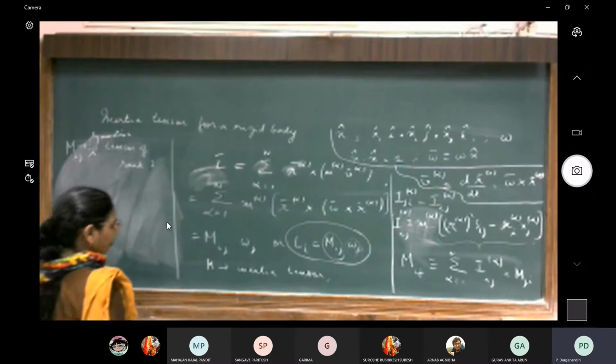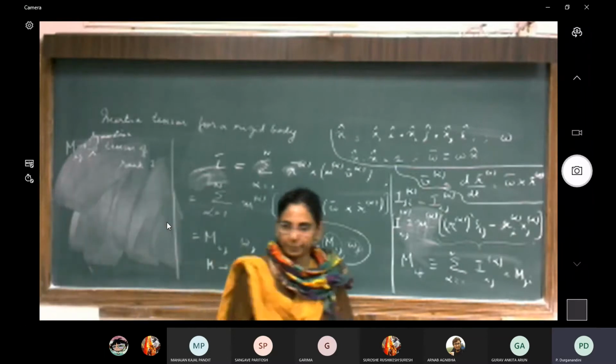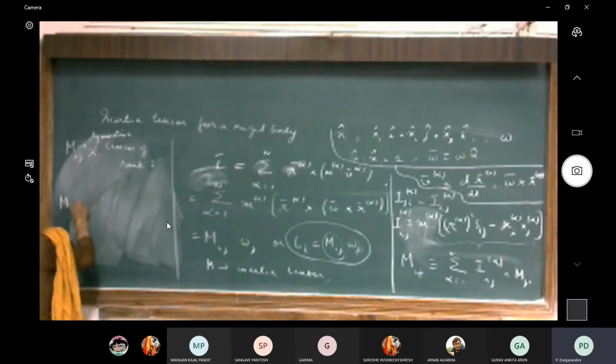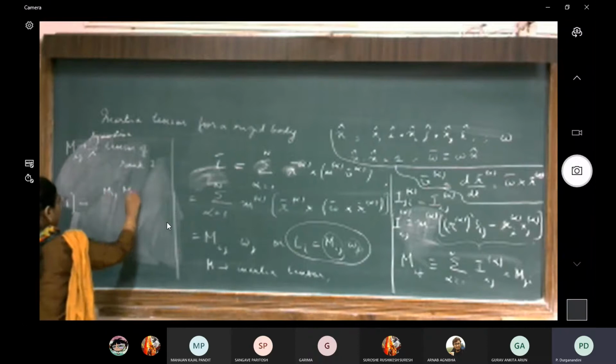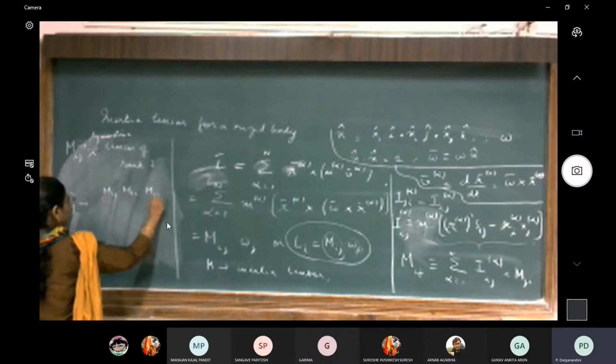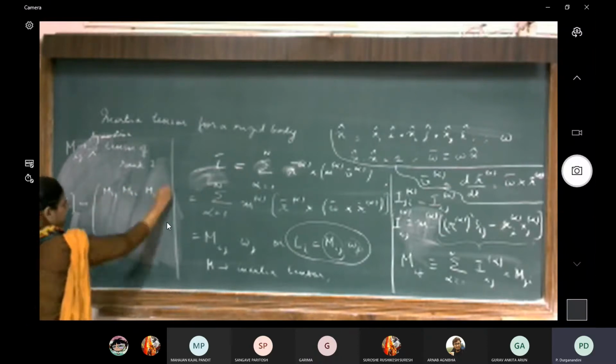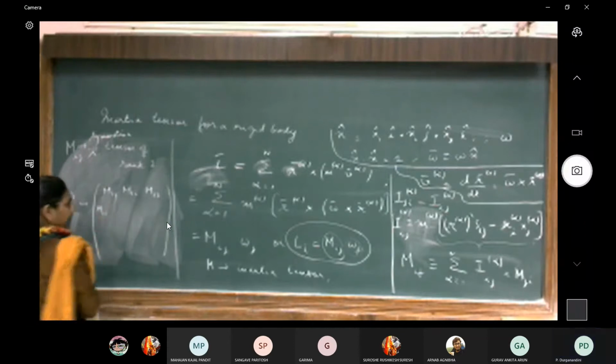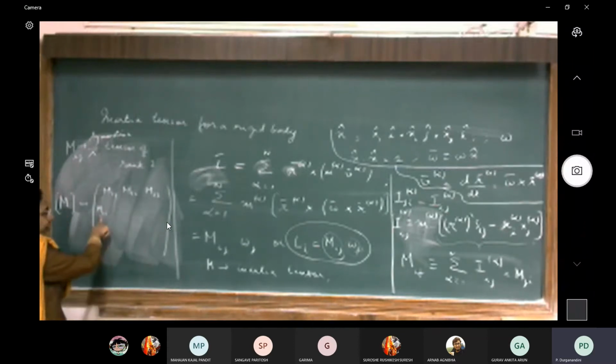So how many independent components will it have actually? If I write M in matrix form, it's going to have M11, M12, M13. What will be this object now? It is symmetric. This should be M21, right? But if it is symmetric, what should this be equal to?